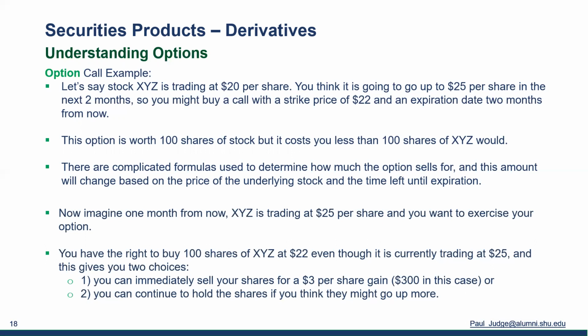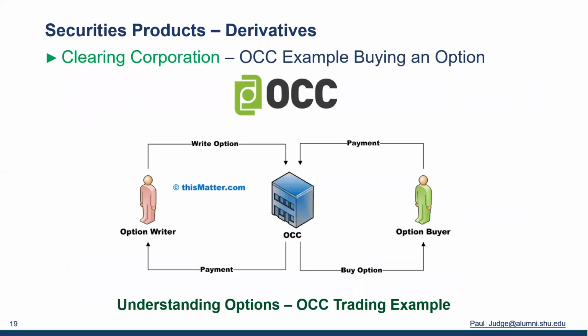You can either immediately sell the shares for $3 a share and gain $300, or you can continue to hold the shares, in which case you have to actually buy and settle, and hold those shares and take them into your portfolio. So what often happens is people don't actually take possession of the shares. They don't settle the shares. They just exercise the option and take the difference.